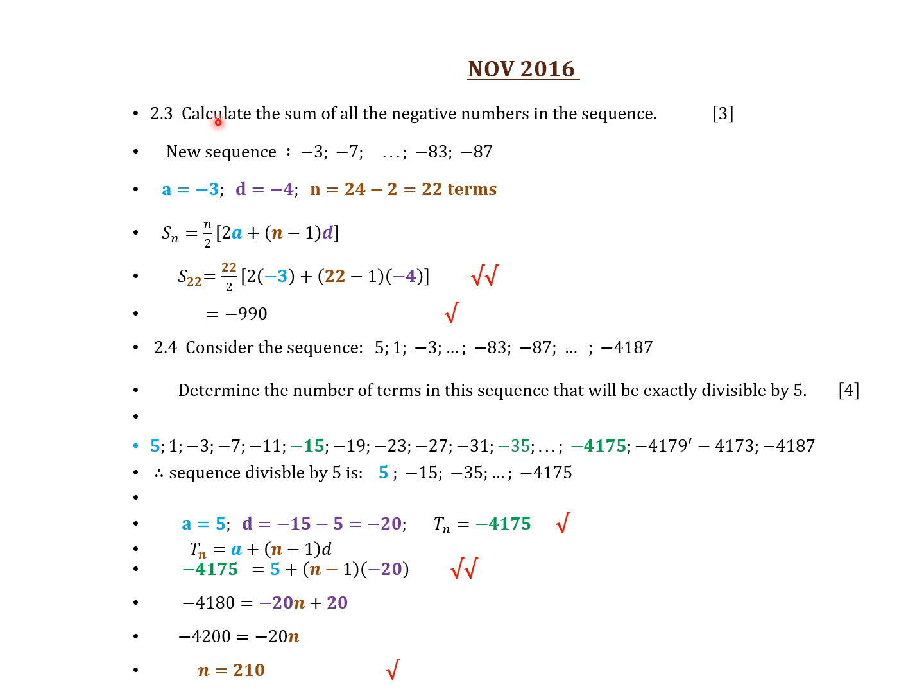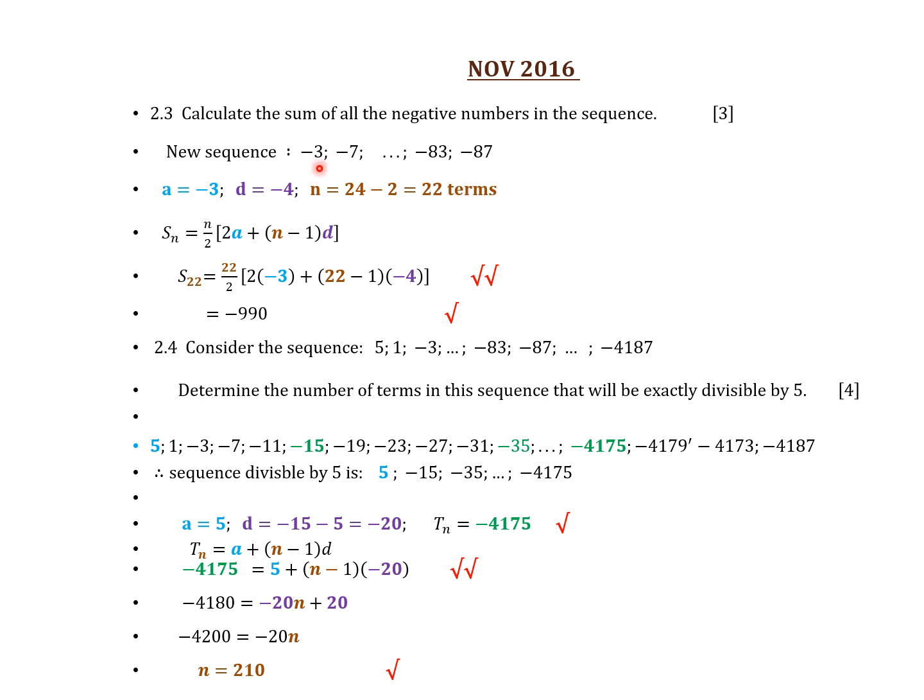Now 2.3, calculate the sum of all the negative numbers in the sequence. So we take out all the positive numbers. The new sequence starts with minus 3, minus 7, and goes to negative 87. In theory we had 24 terms, but if we take out the 2 positive terms, that gives me 22 terms I'm working with.